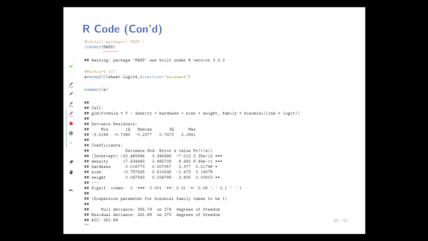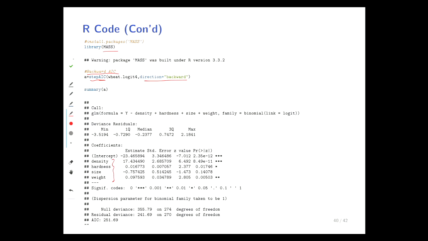So we need to load this package. And what we can do here is just to use this stepAIC function, where the direction here is backward. So we want to obtain the backward elimination by using AIC. So these are the variable selection results.